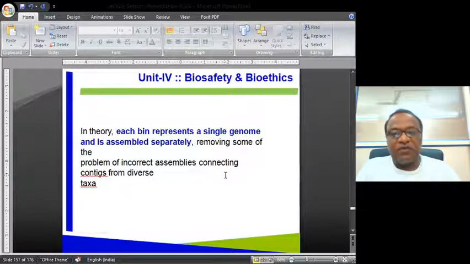It also removes some of the problems of incorrect assemblies which would have arisen due to diverse taxa. Right? So we have understood about the sequence, we have understood about the assembly and also about the binning process.